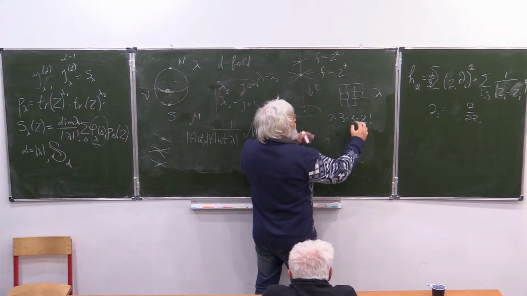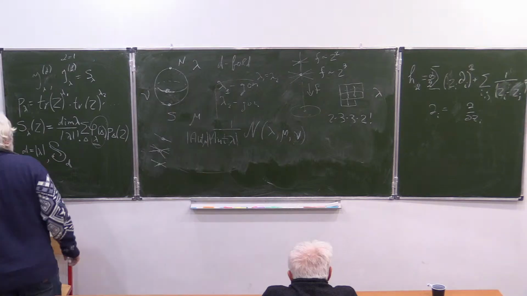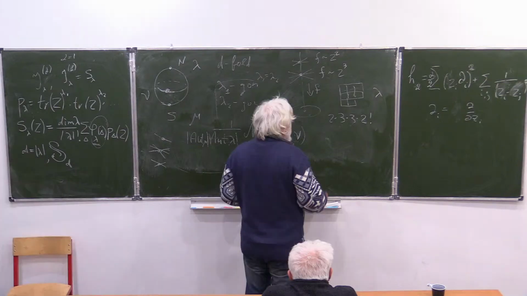Let us call it the automorphism of a partition, of a Young diagram. Some people prefer another name for it, maybe it is not precise. And this number is called the Hurwitz number.